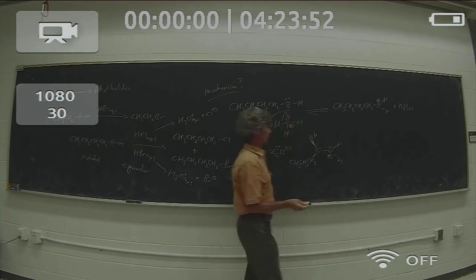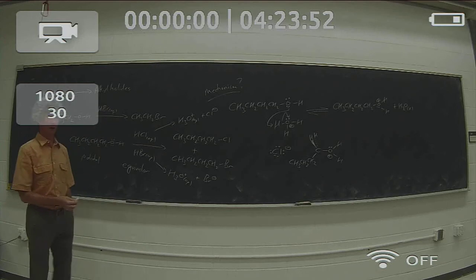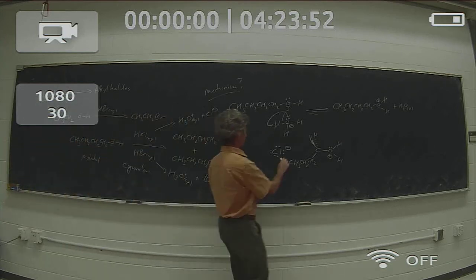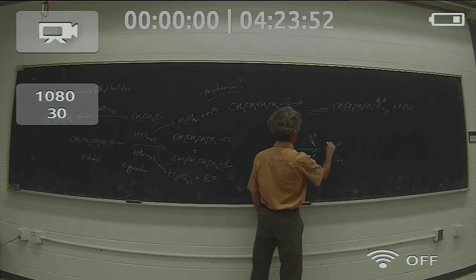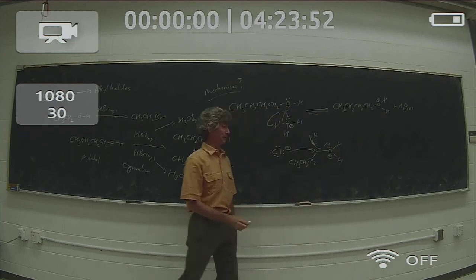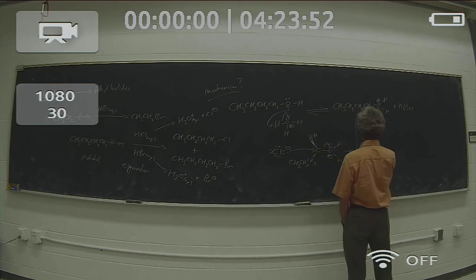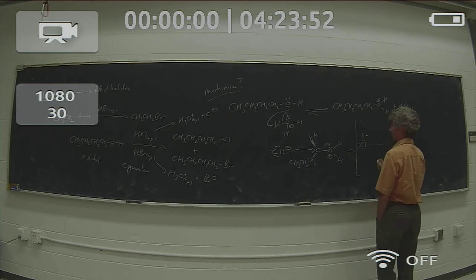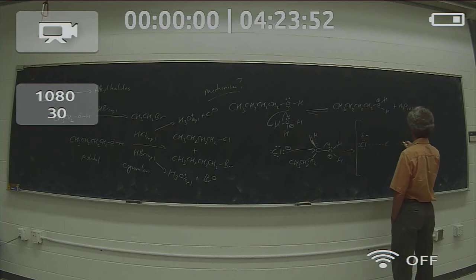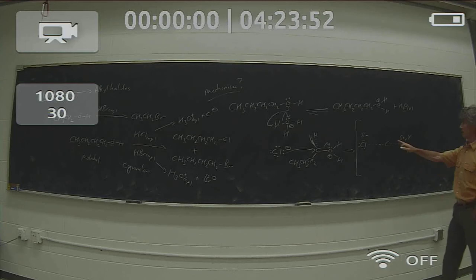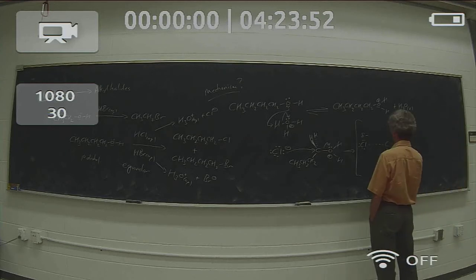I need my leaving group water and my nucleophile chloride to be in the plane of the board, and I can show the backside attack of the chloride ion. Because this is a concerted reaction, it's customary to show the transition state where we have the carbon-chlorine bond forming at the same time as we have the carbon-oxygen bond breaking. We have a partial positive on the oxygen and a partial negative on the chlorine.